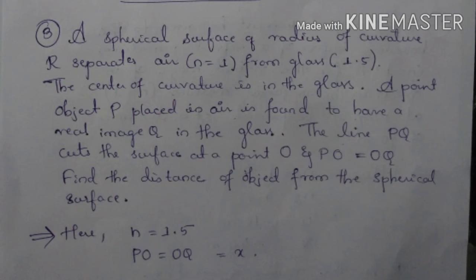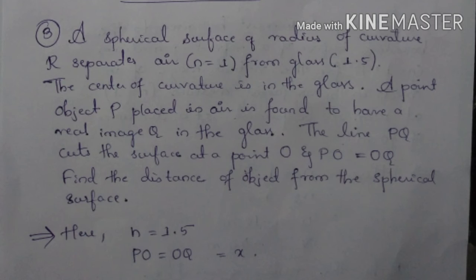So the object is P, placed in an air medium, and after refraction the real image is found in the glass medium. So that is Q. The line PQ cuts the surface at point O and PO is equal to OQ. Find the distance of the object from the spherical surface.